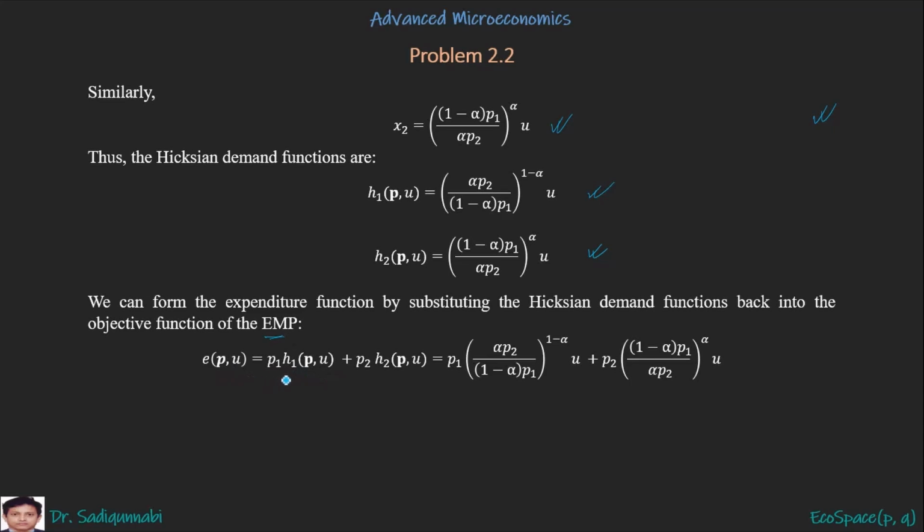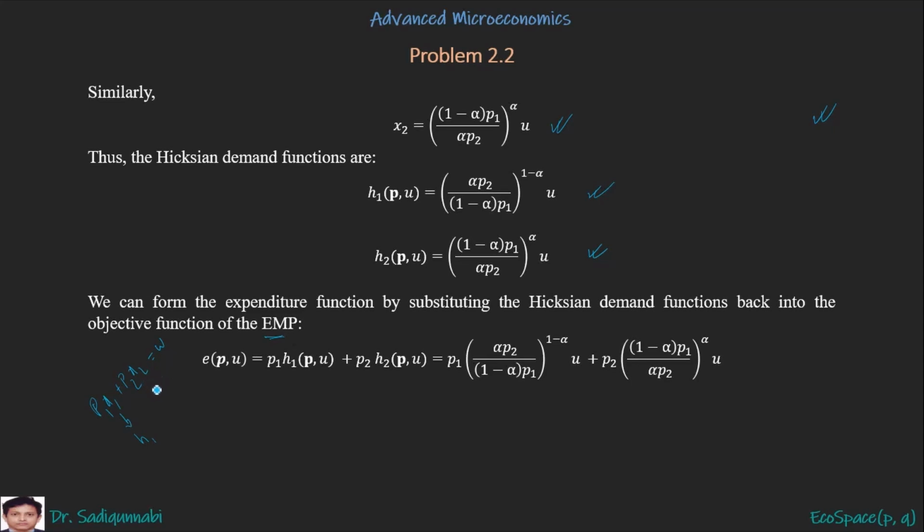Our budget line was P1 x1 plus P2 x2 equals W. Here x1 is actually h1, because Hicksian begins with h, and x2 is h2.